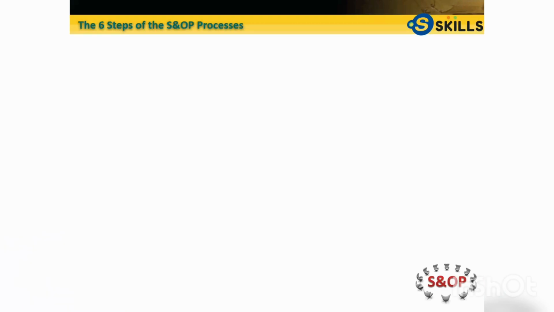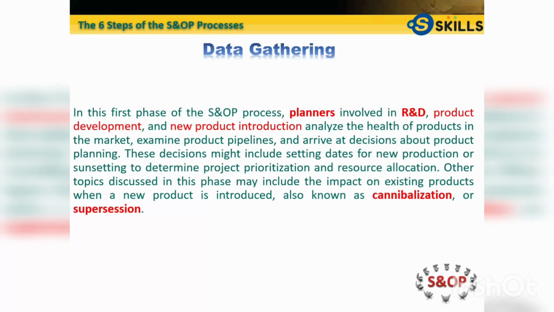The 6 steps of the S&OP processes. Data gathering. In this first phase of the S&OP process, planners involved in R&D, product development, and new product introduction analyze the health of products in the market, examine product pipelines, and arrive at decisions about product planning.